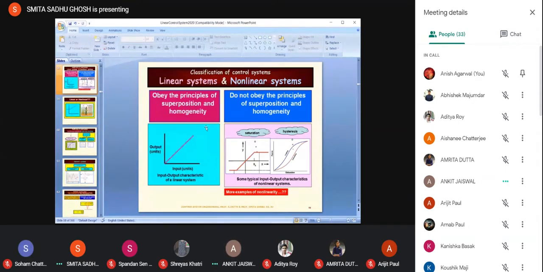Here, output will not be linear with the input. y(t) will not be linear with x(t). It will involve differentials and other things. Output will not be linear with input. Which one?